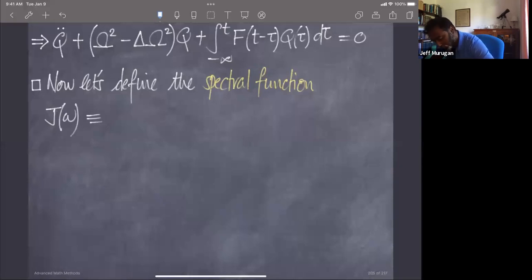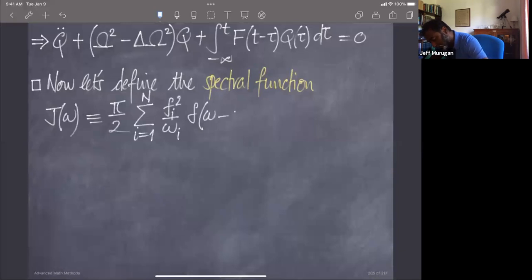And J of omega is going to be defined as pi over 2 times the sum over i of Fi squared over omega i, delta of omega minus omega i. So the spectral function is a sum over a set of delta function spikes, okay, in some sense. Each of these delta of omega minus omega i is a delta function spike.